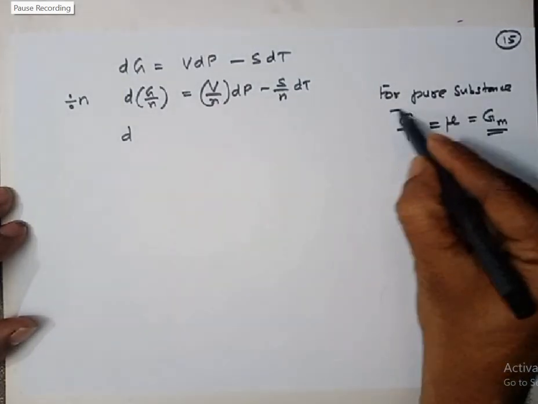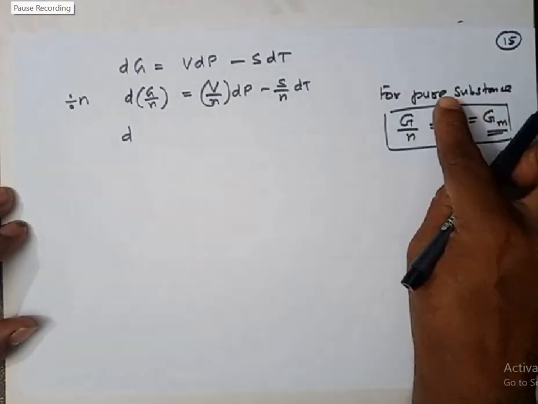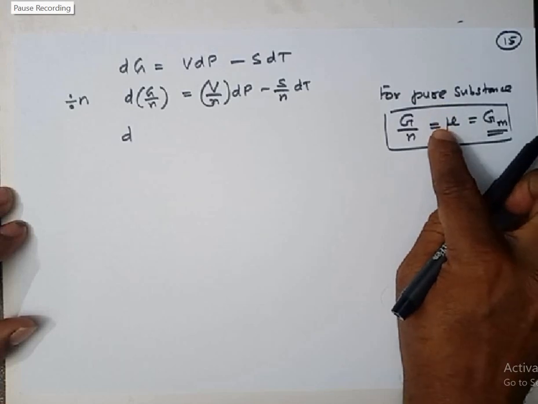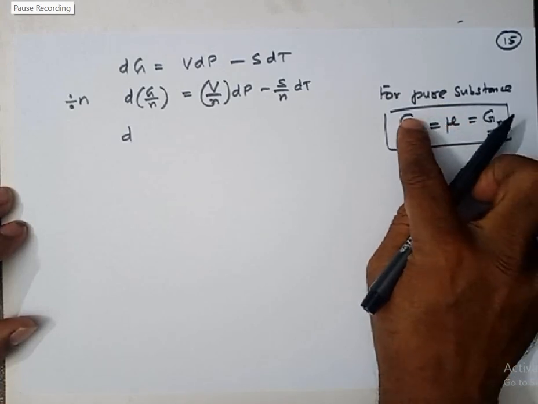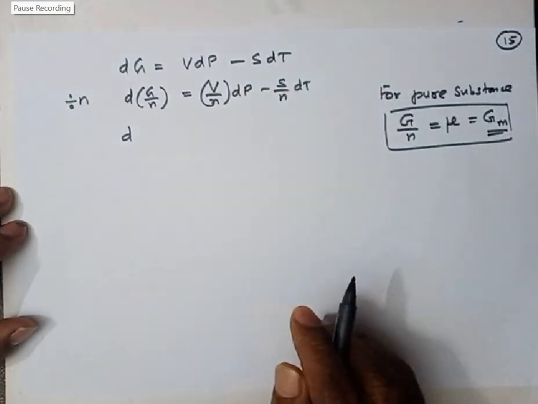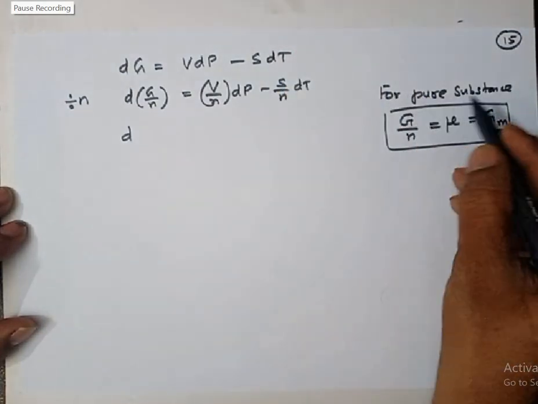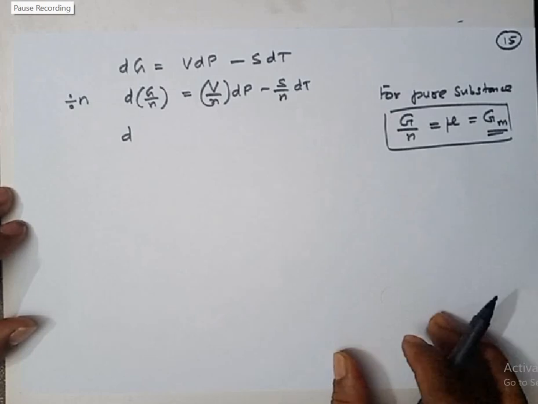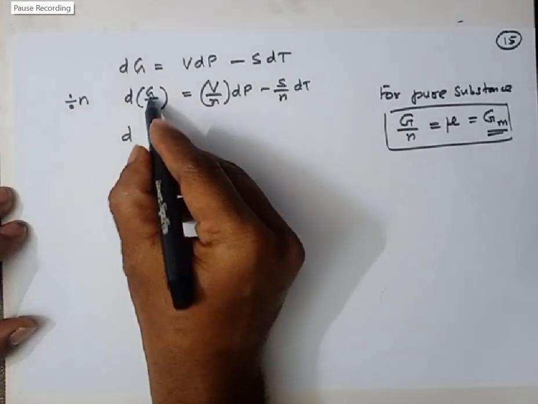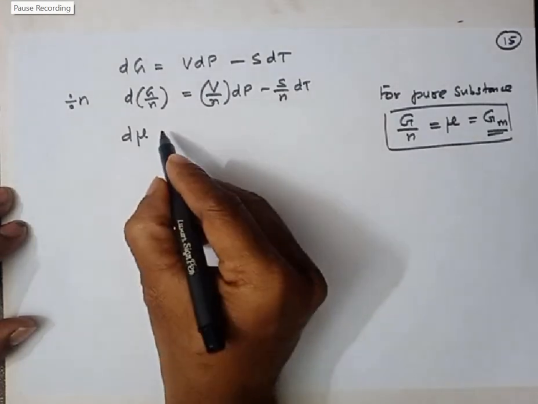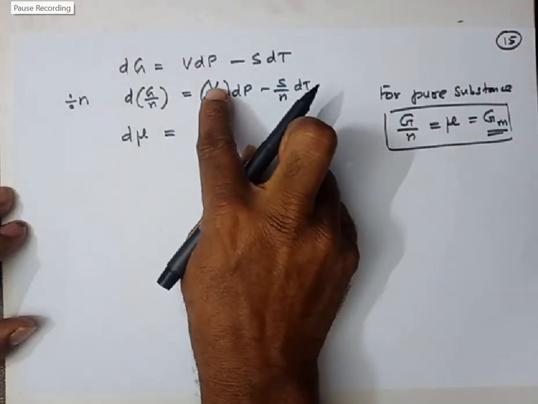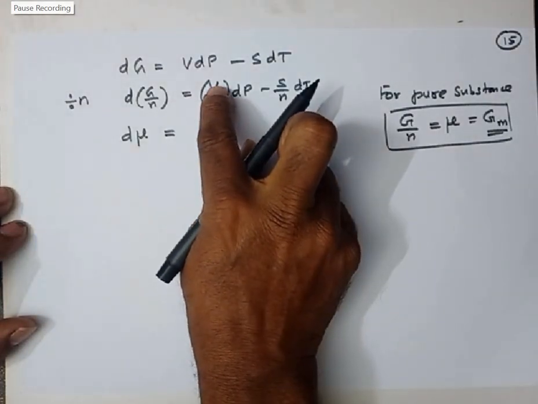It means Gibbs free energy for 1 mole of substance. So remember, for pure substance, chemical potential is nothing but Gibbs free energy for 1 mole of substance. This is the definition for pure substance. So in place of G by n, I will put mu: change in chemical potential equal to, this is volume for n mole of gas.